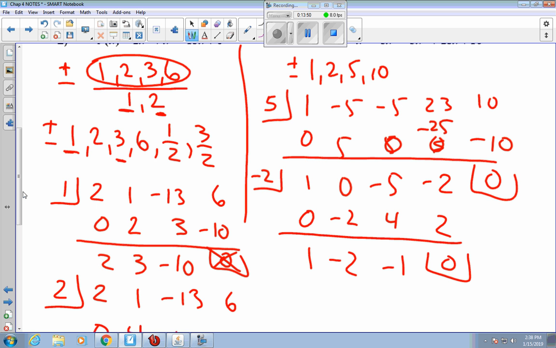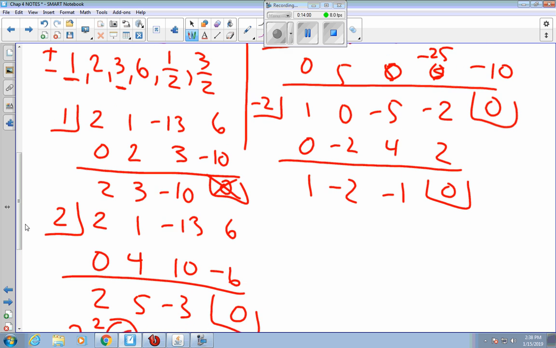No matter which way you do it, it doesn't matter, whether you do the 5 first or the negative 2 first. Yes, they're both factors. And then what you're left with is x squared minus 2x minus 1. So we try to factor that. What are the factors of negative 1 that give me 2?